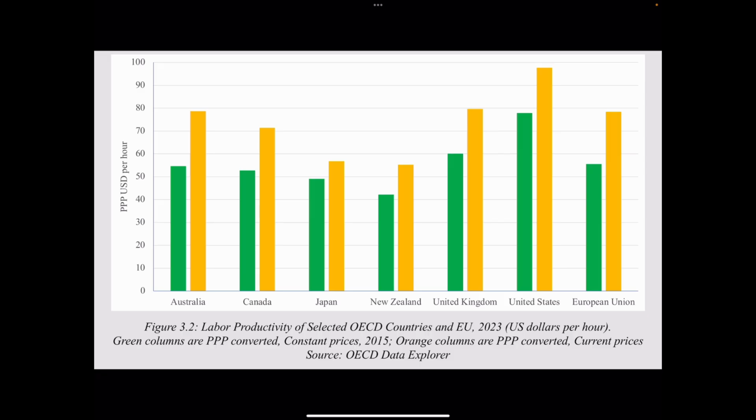And we see that Canada's labor productivity is below that of the United Kingdom, the United States, the European Union, and Australia, but ahead of that of Japan and New Zealand.